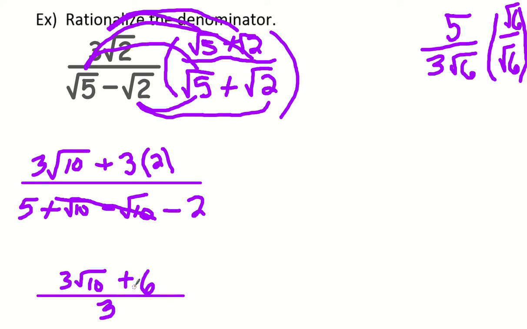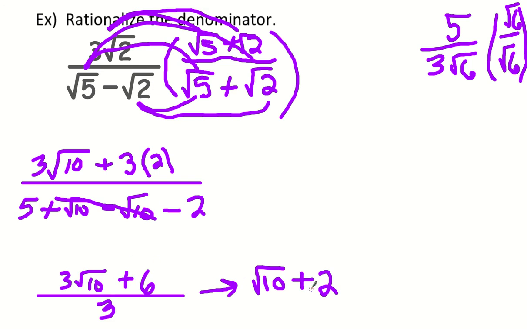Okay, why the heck not? I'll do it. To take this whole top divided by 3, you would divide both of these terms by 3. And since both of these terms will divide by 3 cleanly, you pretty much should do it. So 3 root 10 divided by 3 is just root 10, and 6 divided by 3 is 2. So this is really the bestest final answer.